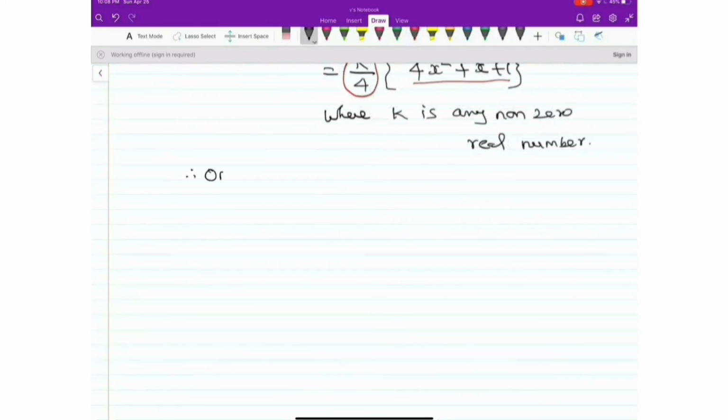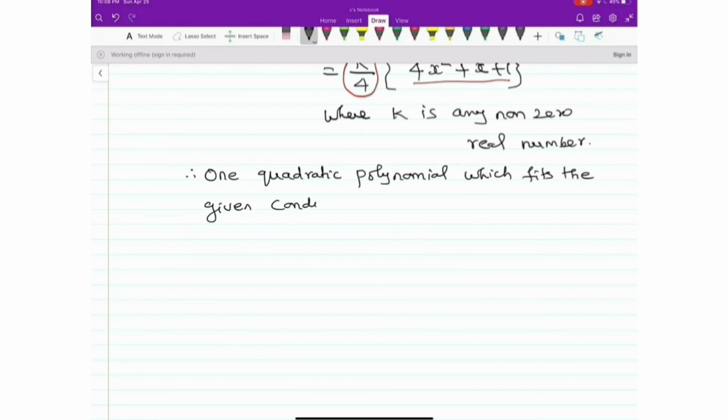Therefore, one quadratic polynomial which fits the given conditions is f of x is equal to 4x square plus x plus 1.